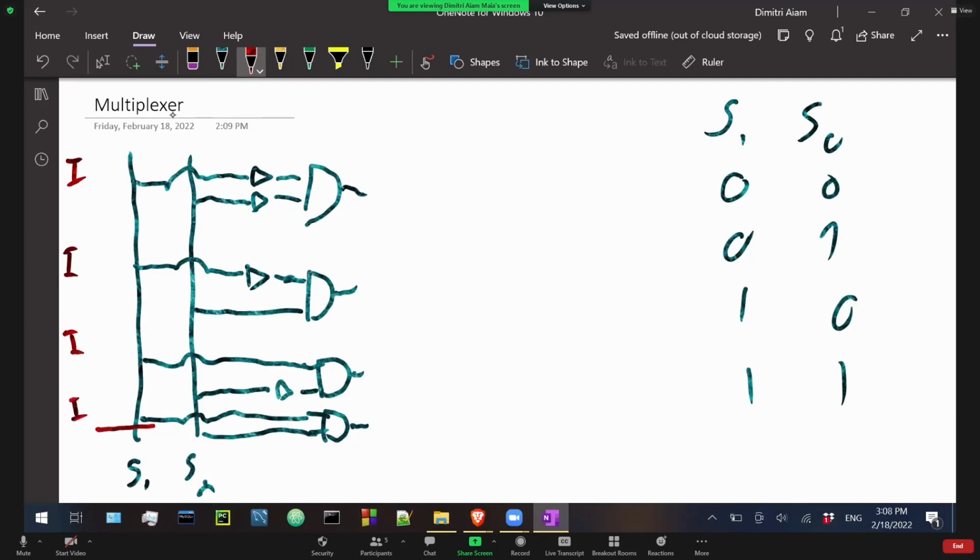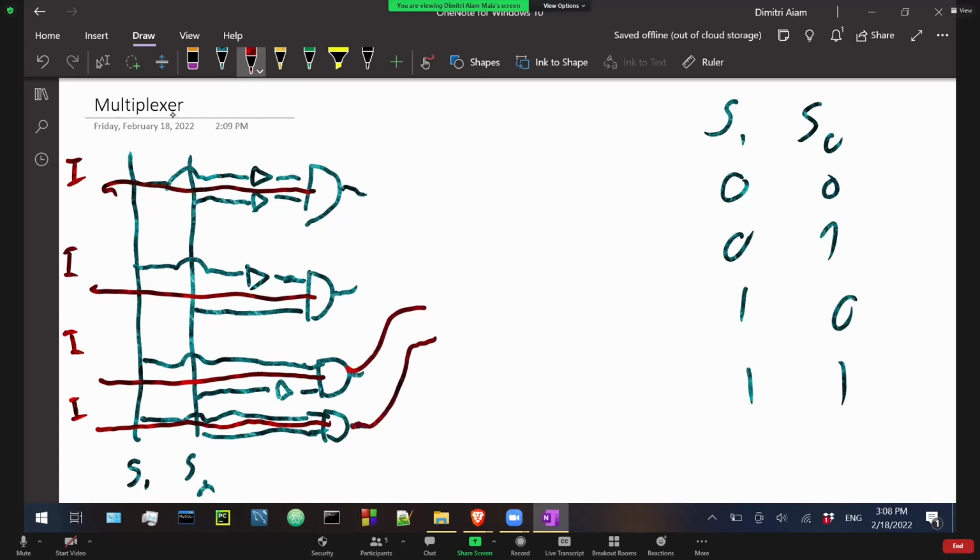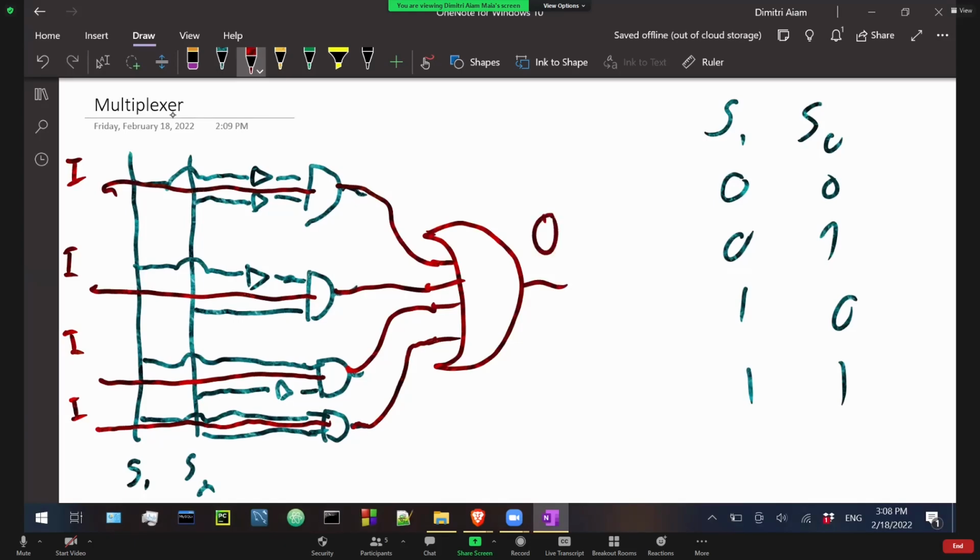All of these inputs are going to go straight into the AND gates, and all of the AND gates will output into one output.